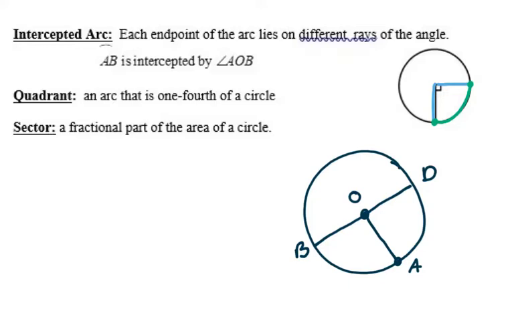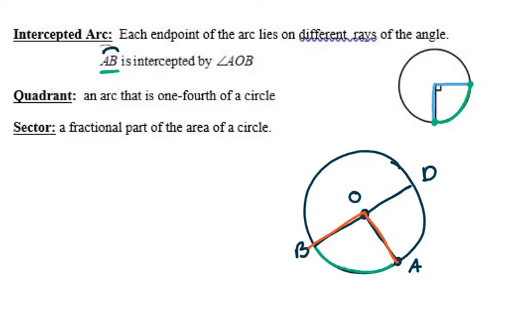I can see here that arc AB, you can see the arc drawn here, is intercepted by angle AOB. So this angle AOB is intercepting my arc AB. And notice that it is above there, but we'll just draw a little bit clearer.